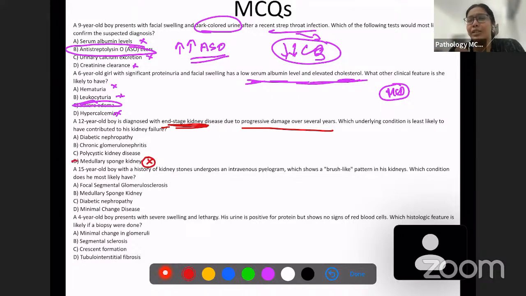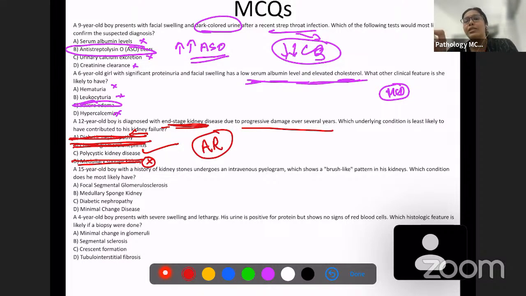So we can easily eliminate medullary sponge kidney here. Diabetic nephropathy will occur in a person who is diabetic. Chronic glomerulonephritis can be due to multiple reasons. So in this case, the answer is polycystic kidney disease, and more specifically autosomal recessive childhood polycystic kidney disease.